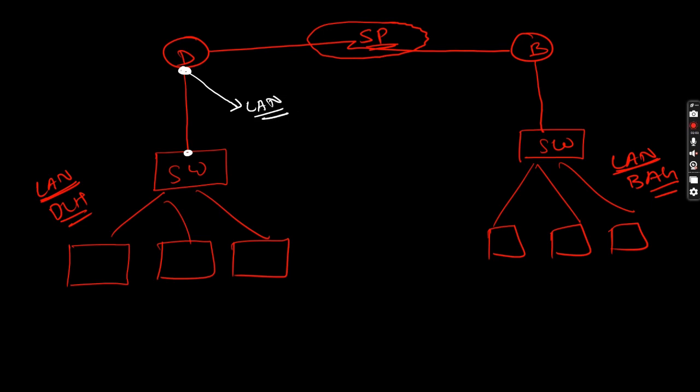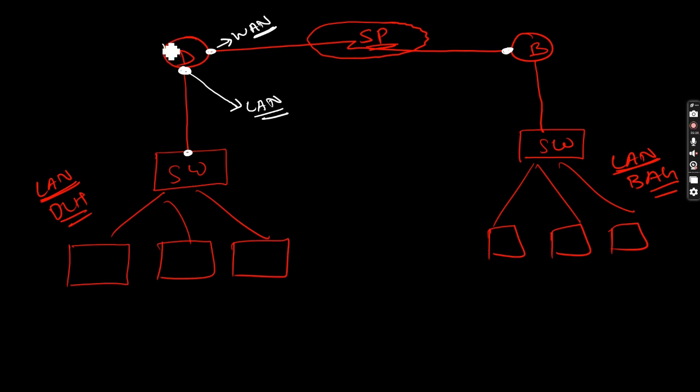That's nothing but your Ethernet or fast Ethernet ports. And the connection between the routers, where you use a cable or connectors, will be considered your WAN interface, or this is one of the serial interfaces which you are going to use.